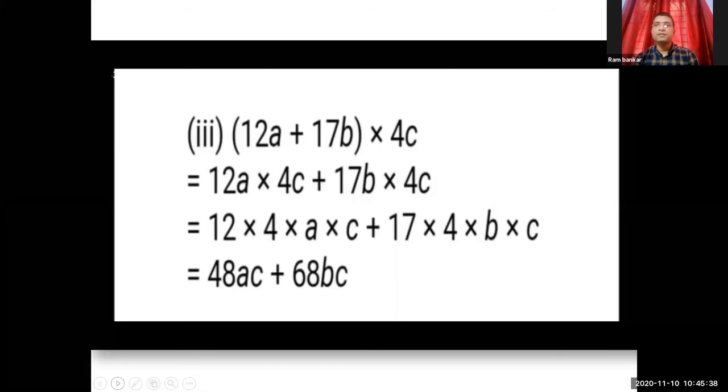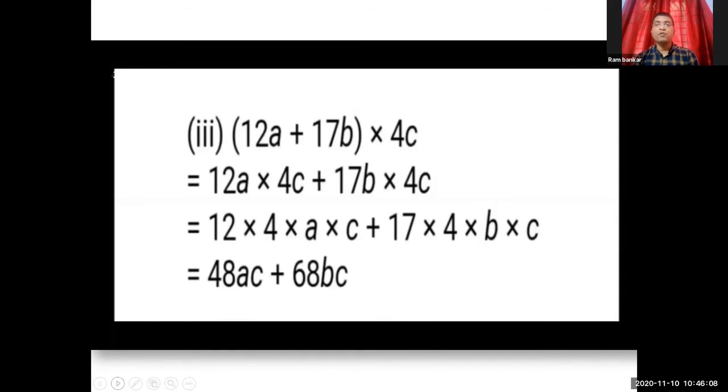Okay, look at the first side, 12 into 4, how much? 12 4s are 48. 12 2s are 24, 12 3s are 36 and 12 4s are 48 if you learn the tables. So table learning is very important while solving any multiplication operation. Okay, in the basic mathematical operations and in algebraic expressions also, in division also, you will need tables.